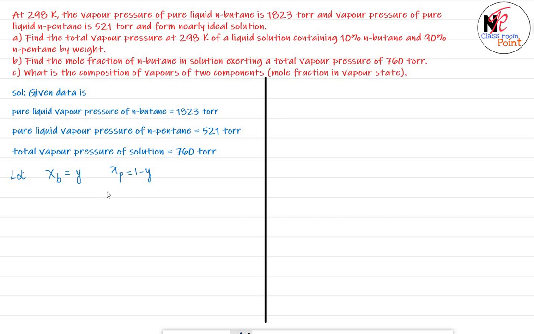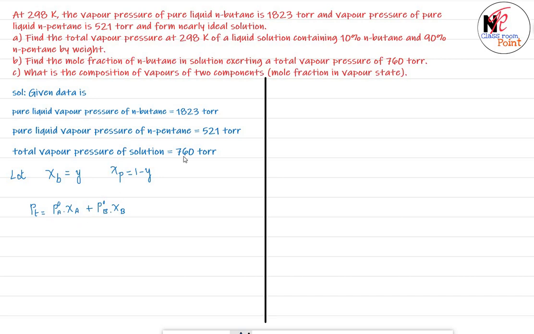Let us substitute this in the formula according to Raoult's law. The total vapor pressure of a solution equals the sum of the partial pressures, that means P naught A XA plus P naught B XB. Let us consider the first one as N-butane and this is the pentane.